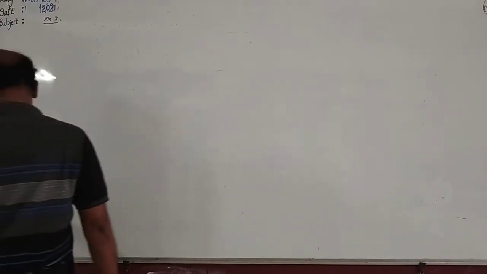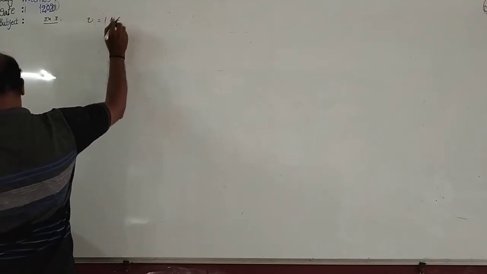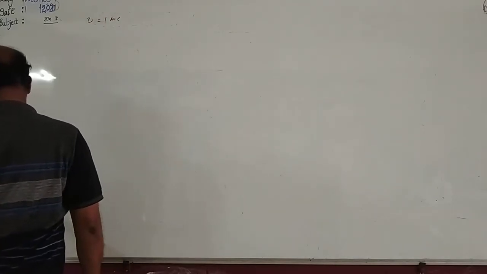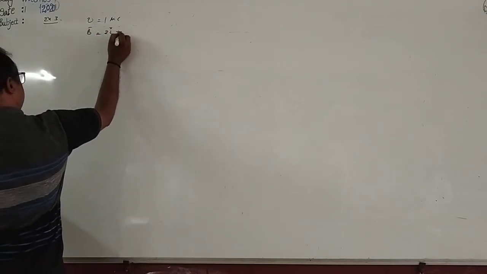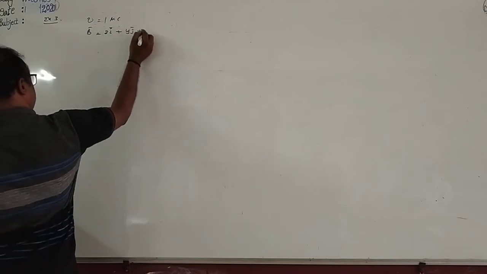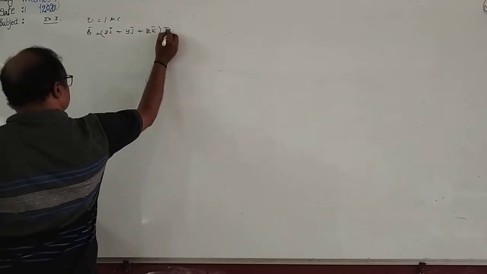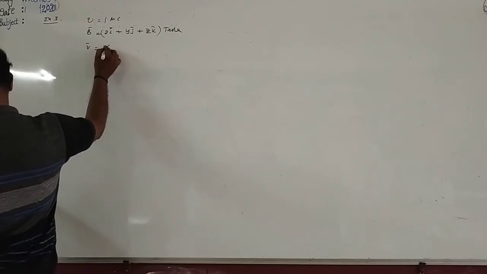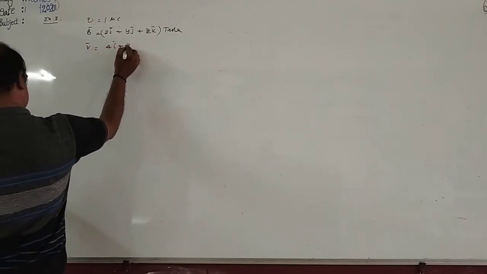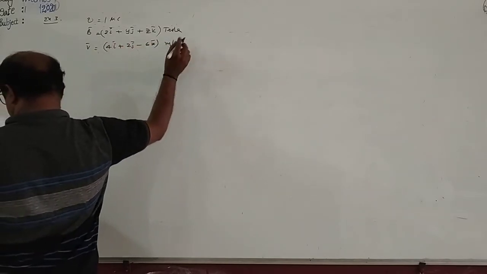Next, example 3. Suppose a charged particle having a charge q equal to 1 microcoulomb is projected in a magnetic field B bar equal to 2i bar plus y j bar plus z k bar Tesla with a velocity v bar equal to 4i bar plus 2j bar minus 6k bar meter per second.